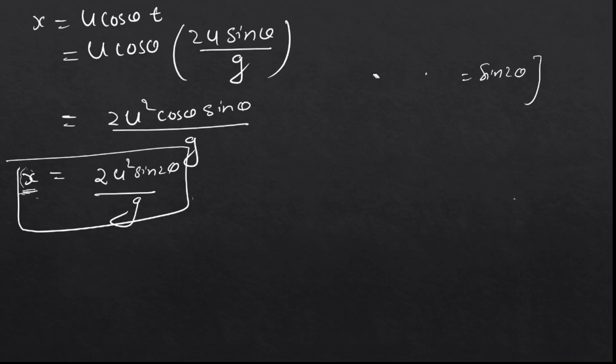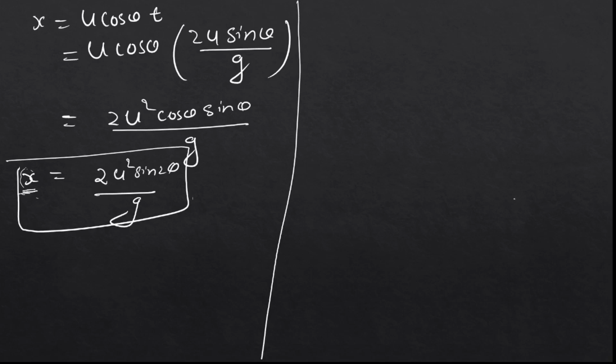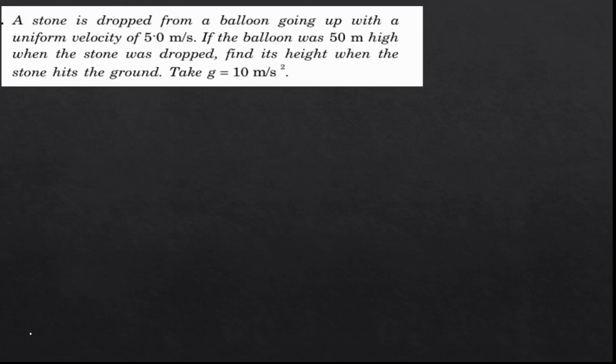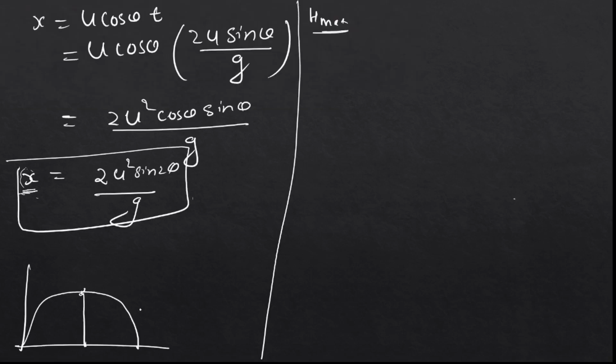So thirdly, we need to find the maximum height that this projectile would attain. We need to find h max. What is the maximum height of this projectile? See here, at maximum height it only has its horizontal velocity. It does not have any component along y.